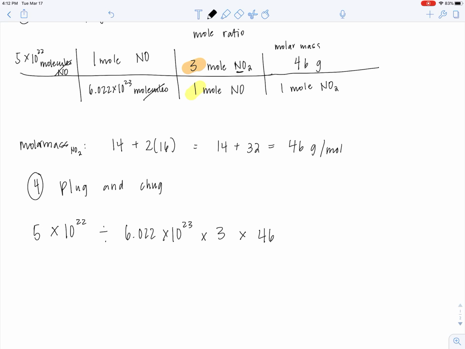So you're just going to have to wait while I do that in my calculator. 5 times 10 to the 22nd divided by 6.022 times 10 to the 23rd times 3 times 46. And what I'm getting here is 11.46 grams of nitrogen dioxide. That's the answer to number 16.